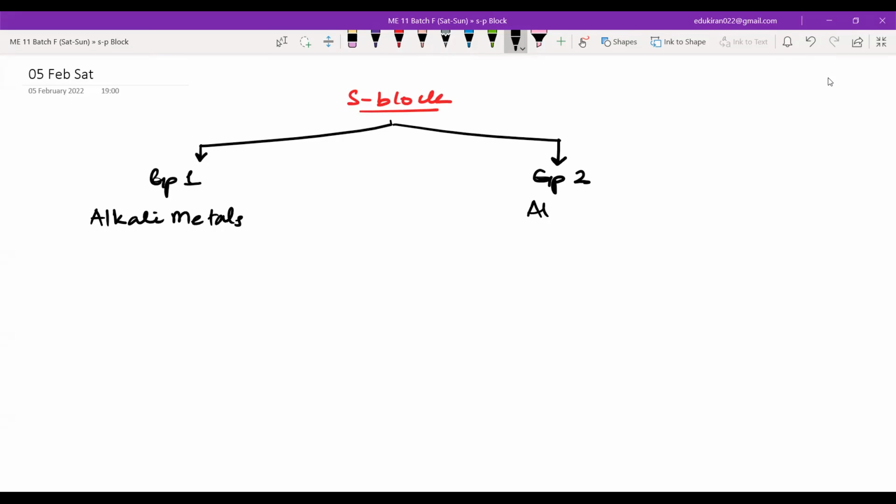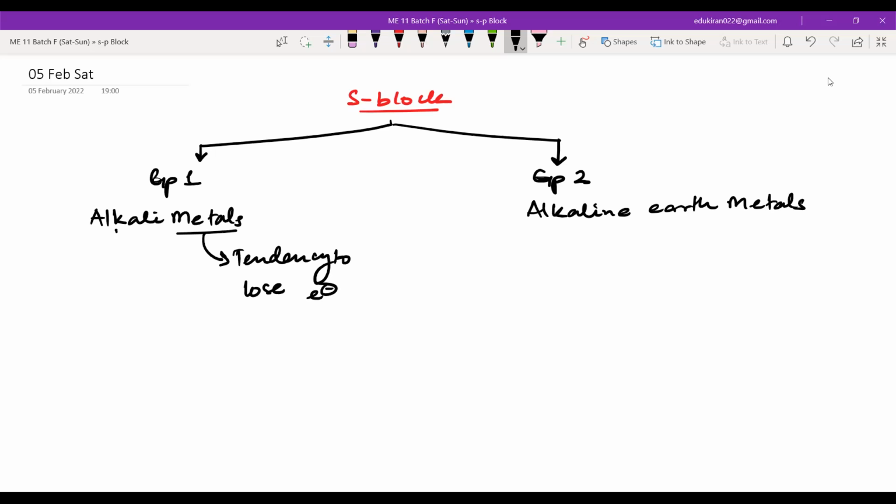These are known as alkaline earth metals. Metals, why? Because they have metallic character. Whenever you see the metals, it means that they have a tendency to lose electrons.